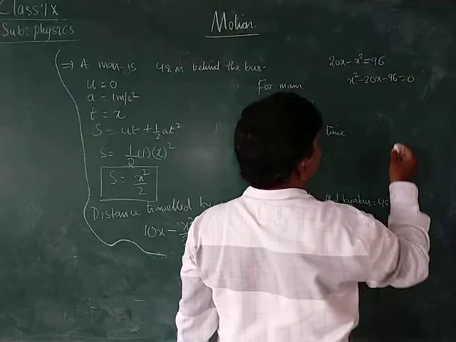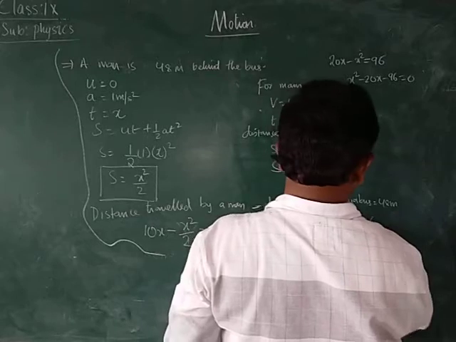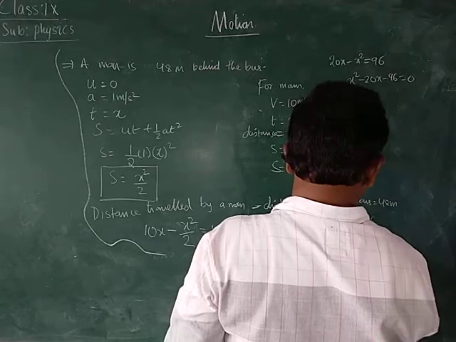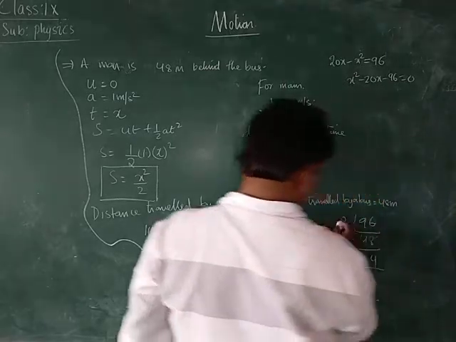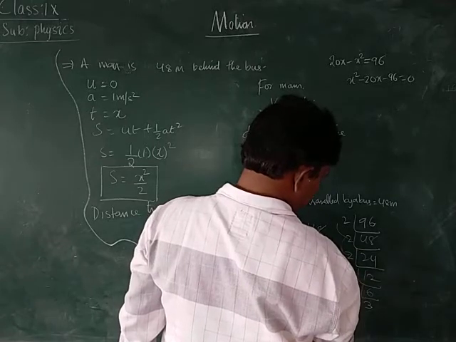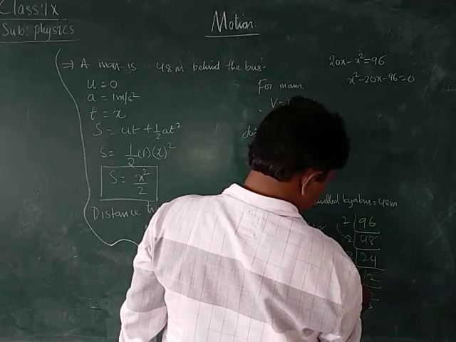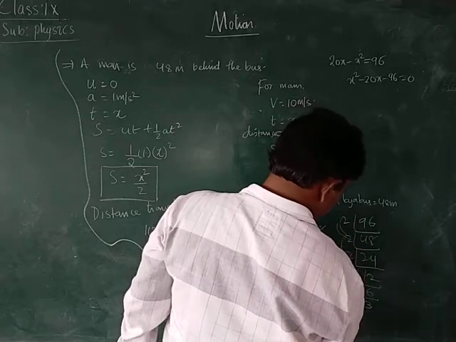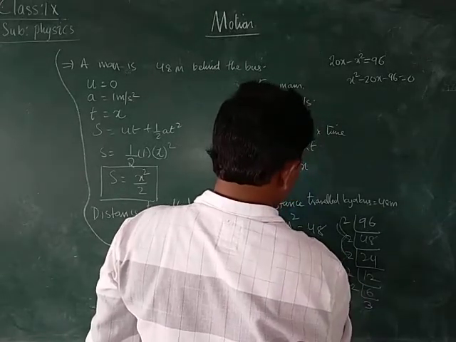Finding the factors of this 96: 2 48s, 2 24s, 2 12s, 2 6s, 2 3s. The factors that work are 8 and 12, since 8 twelves are 96.